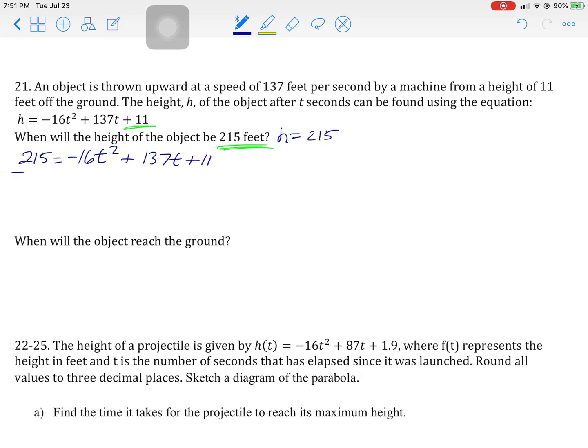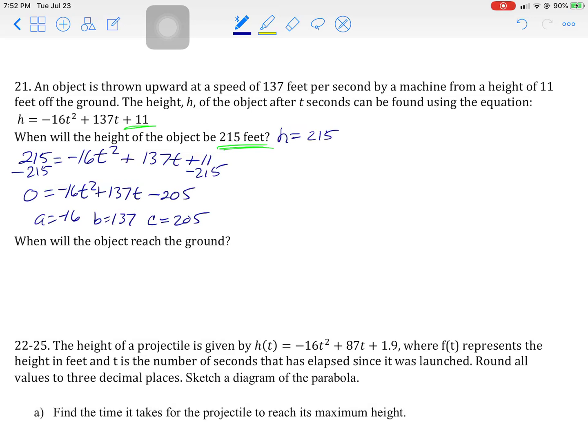And probably going to be doing the quadratic equation, so we need a 0 on one side, so we need to move that 215 over here and get 0 equals negative 16t squared plus 137t minus 204. Okay, so that means A is negative 16, B is 137, and C is negative 204 because of the height they gave us.